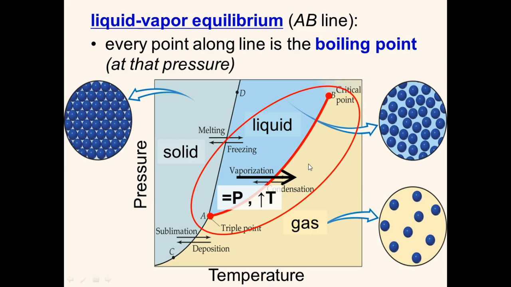And then if we keep temperature the same, so if we had the same temperature, we would have to decrease pressure, that's what represents a down arrow, to make it from liquid to gas. And the same is true vice versa. So if we want to go from gas to liquid, we have to decrease temperature here. Or if we want to go from gas to liquid and we kept the temperature constant, we would increase pressure.